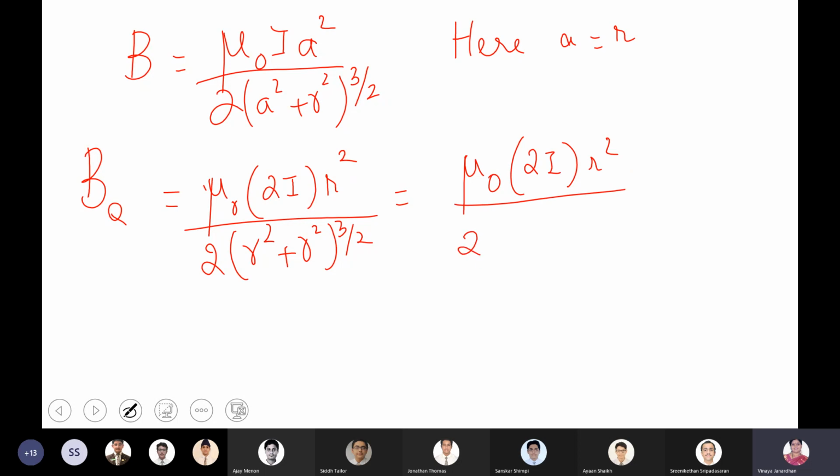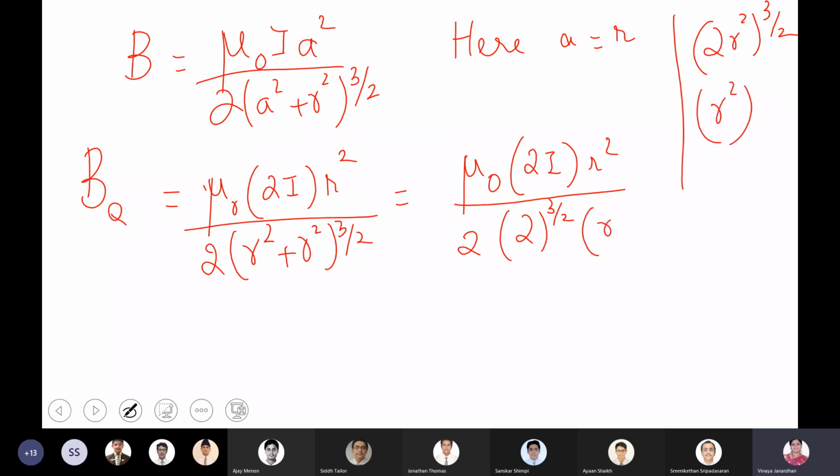R squared plus R squared is 2R squared, the whole power 3 by 2. So 2R squared to the power of 3 by 2 into R squared into 3 by 2 will give you R cube, right? So this is to the power of 1.